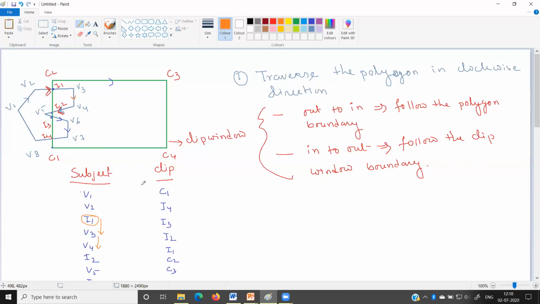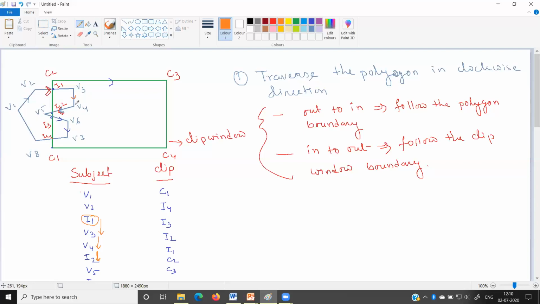So while I am moving from V4 to V5, there is the intersection point I2, so we will get stuck at the point I2. We cannot proceed further through the polygon boundary as the condition is in to out.